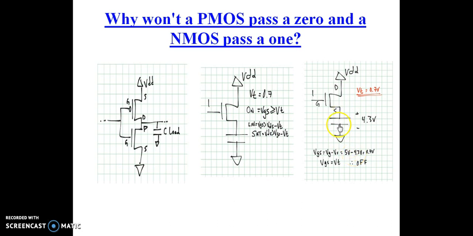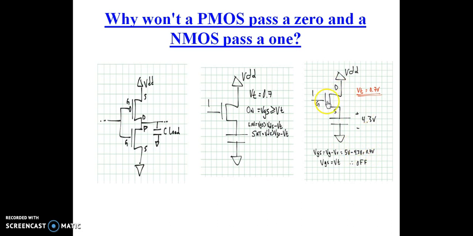Now here as we are applying VDD and this device is on, that is, VGS is greater than 0.7, the device is on and this capacitor starts charging towards VDD. When it charges towards VDD, once it reaches 4.3, as VG minus VS equal to VGS, 5 volt minus 4.3 equal to 0.7. Once the capacitor tries to charge above this, the voltage VGS decreases and it will become less than 0.7, and at that point this NMOS turns off.